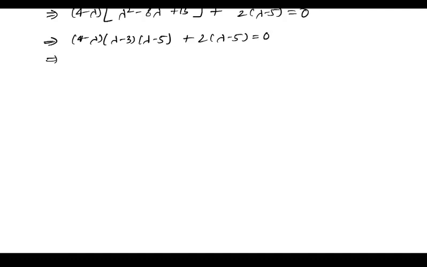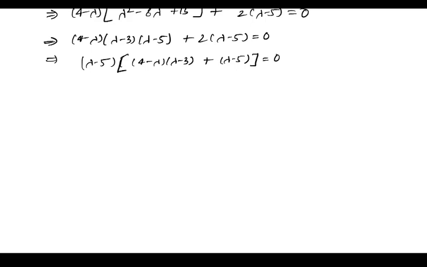Now we can take (lambda minus 5) common, and inside the bracket we'll get (4 minus lambda)(lambda minus 3) plus 2 equal to 0.